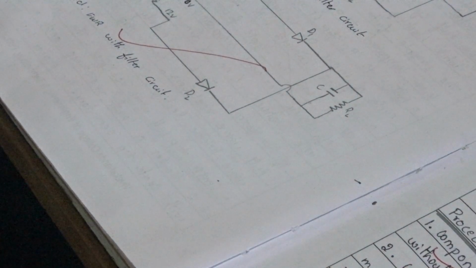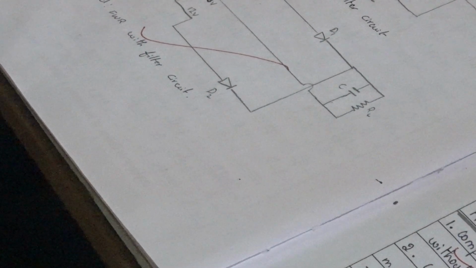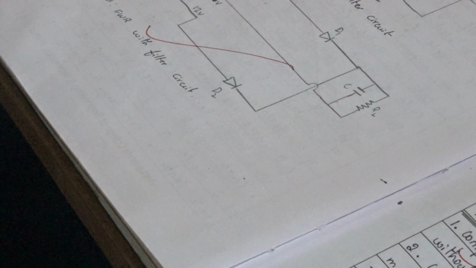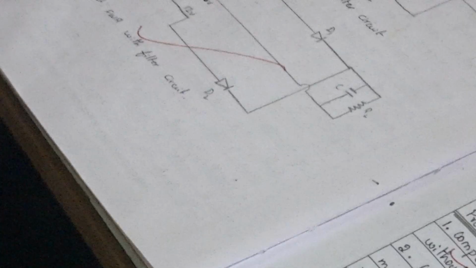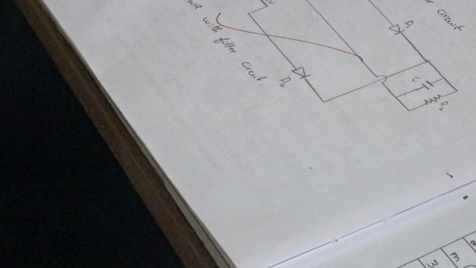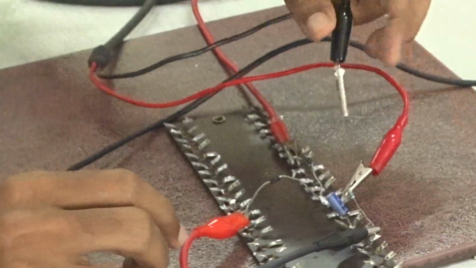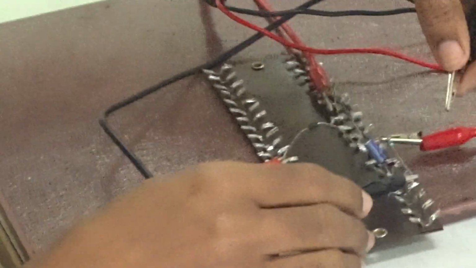Next, in order to see the waveform, one end of the probe will be connected to the point where the capacitor, resistor and the two diodes meet, and the other end is connected to the other end of the resistor.